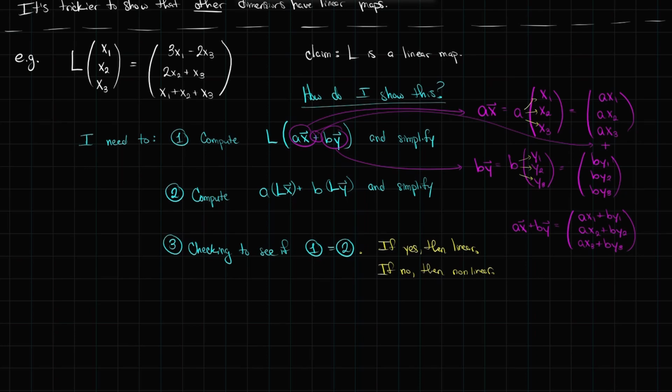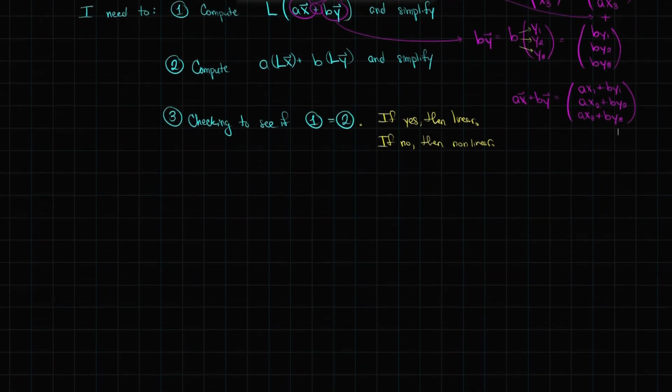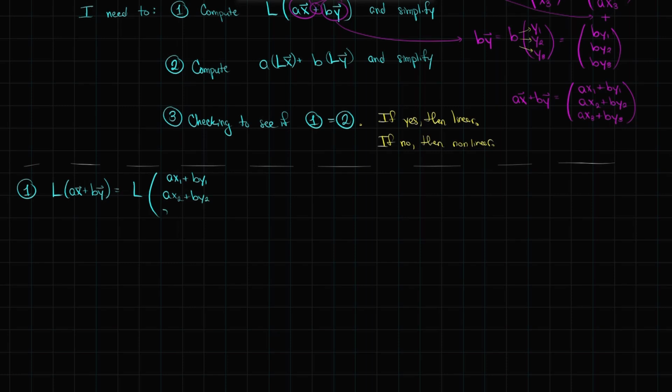So that's okay. In step 1, instead of having L of a x vector plus b y vector, I can think of L of this nice term that I've just computed: ax1 plus by1, ax2 plus by2, ax3 plus by3. And now I need to ask the question, what does this look like?